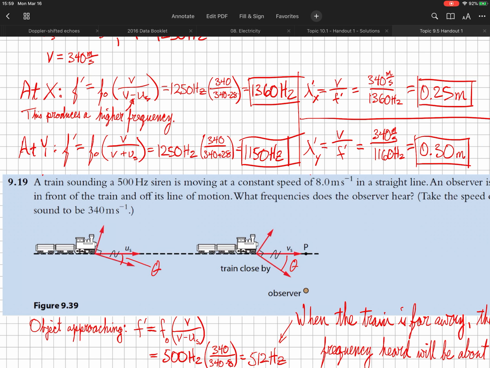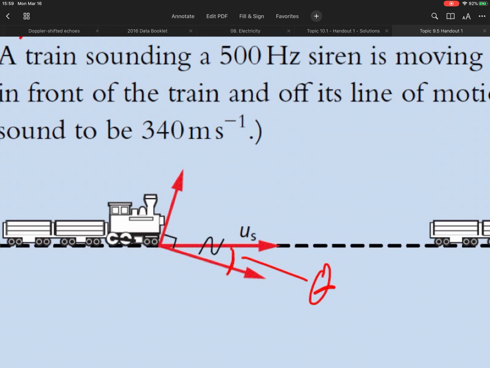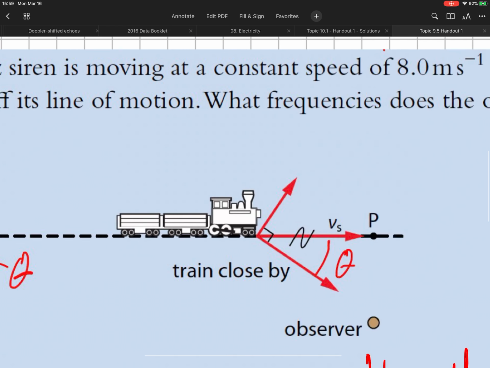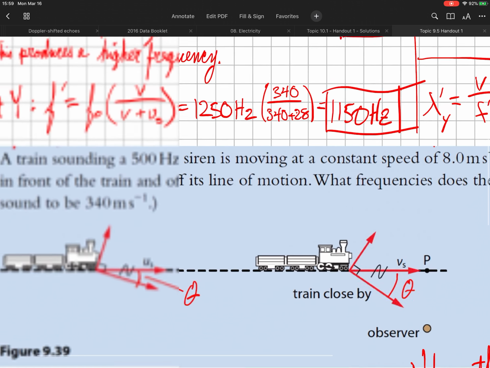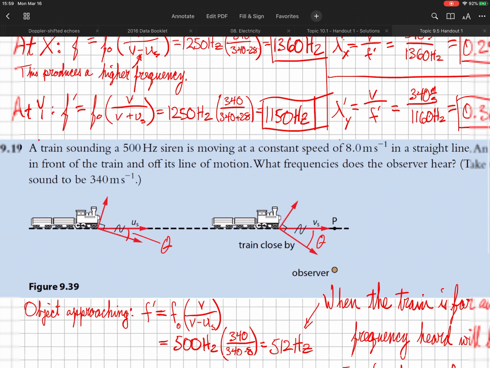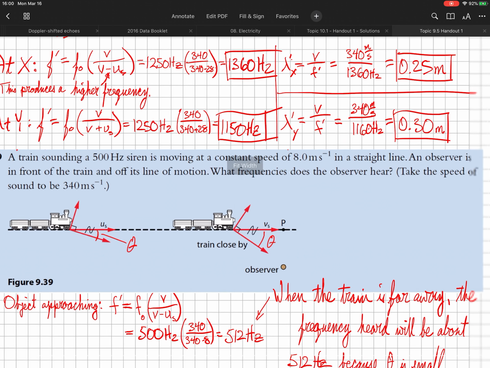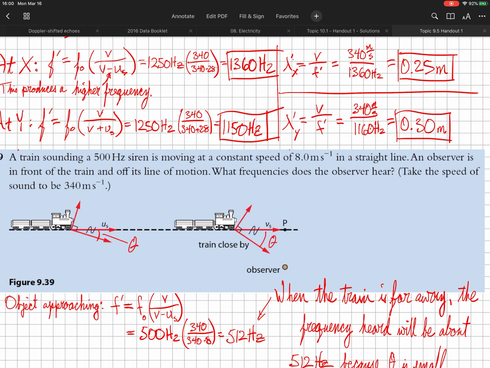Okay, 9.19 is fairly straightforward, but there are a few things that we need to point out. Note that I've set up the train with an angle here, and the book doesn't really get into this, but I think it's interesting enough that I wanted to cover it, so we will take a look. So we have a train coming on, and you guys should be familiar with the sound of a train coming toward you.